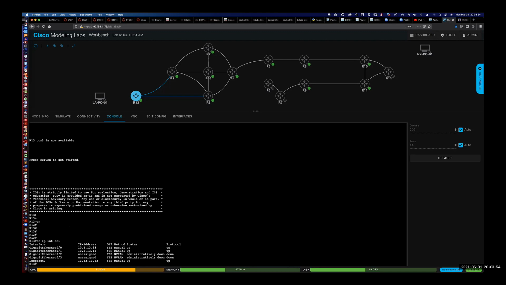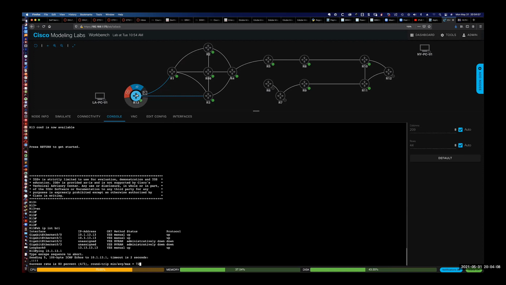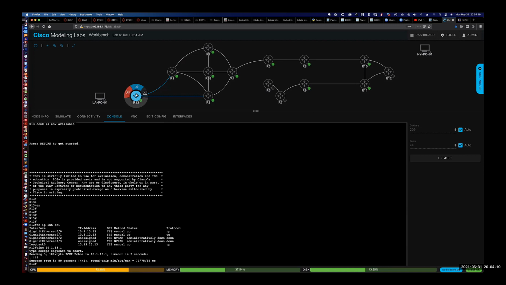And so if I was to try to ping 10.1.13.1, the way that the segments run between the routers is 10, dot the lower router number, dot the higher router number, and then dot the router number.